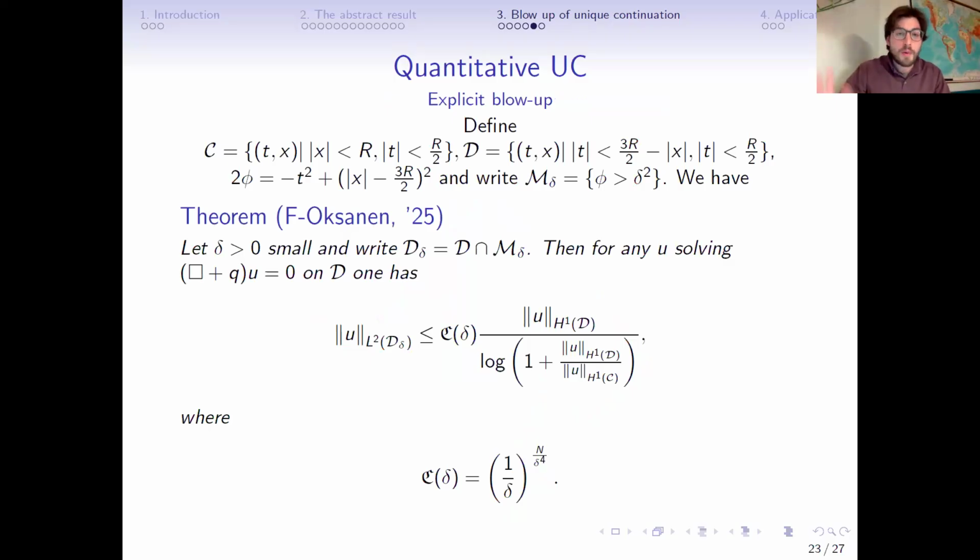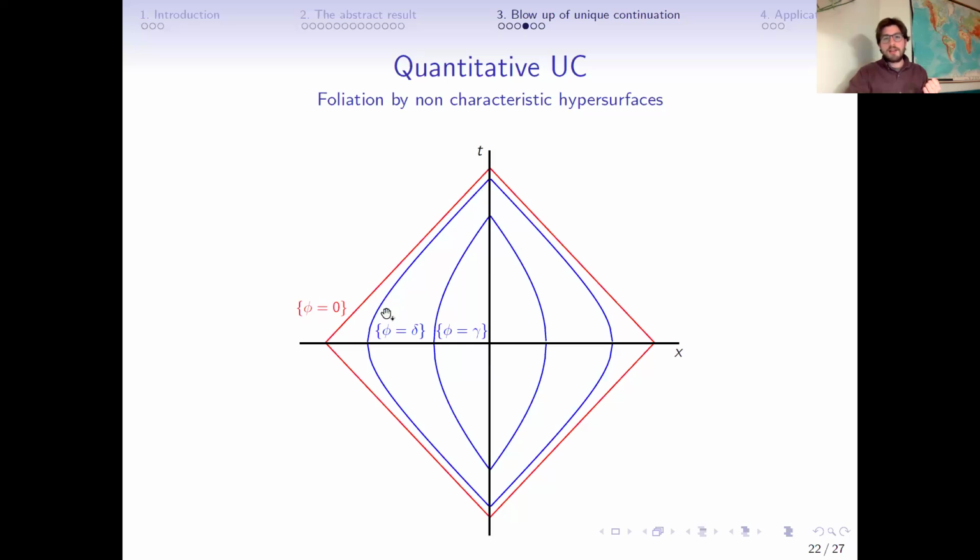So I will just say one sentence that with Lauri, we try to focus on some very particular case. You don't need to look at this very carefully. We just take a ball of radius r in time r/2, and this is the optimal diamond. Here phi is an explicit foliating function, so it's exactly like this. It's a phi that will foliate and will reach the optimal cone.